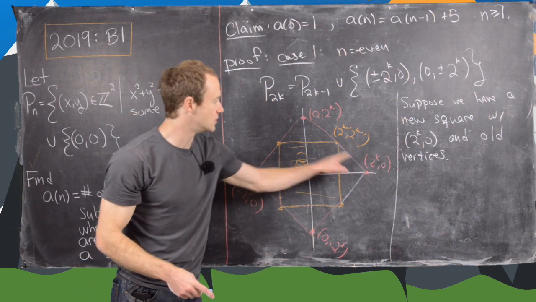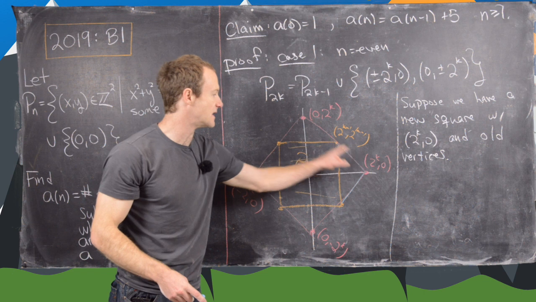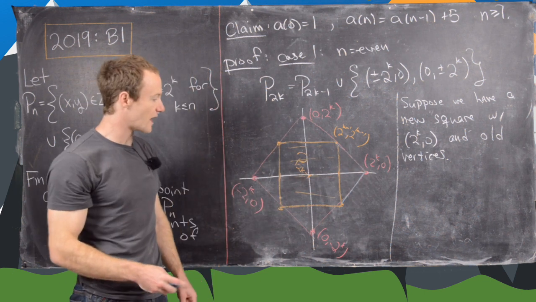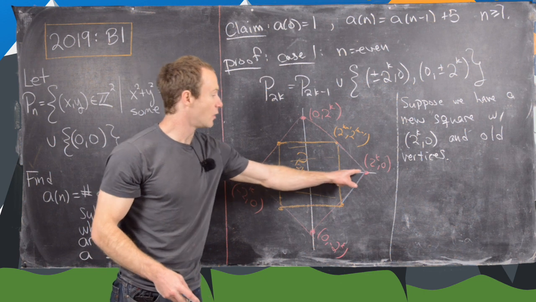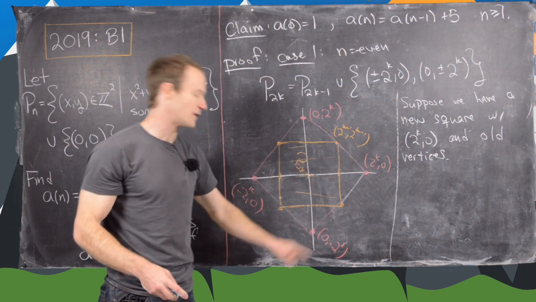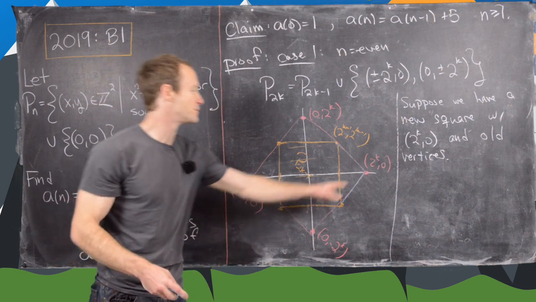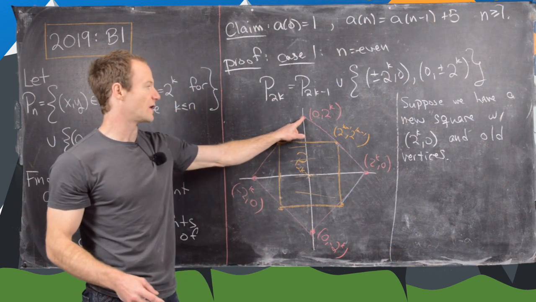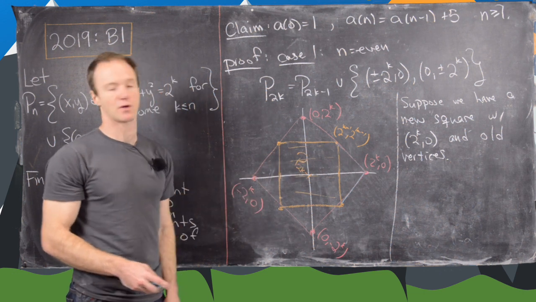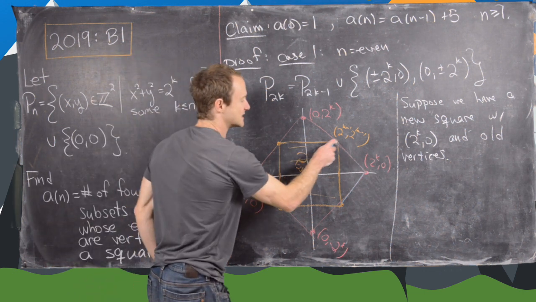So in other words, our new square has to be along this edge and this edge. Great, but there are only 2 additional points along this edge and 2 additional points along this edge to choose from. One is the brand new point that we added, which corresponds to our large square, and the other one is this point right here.